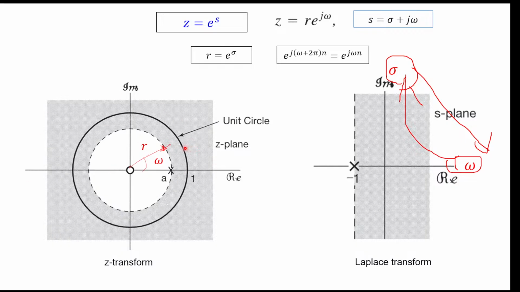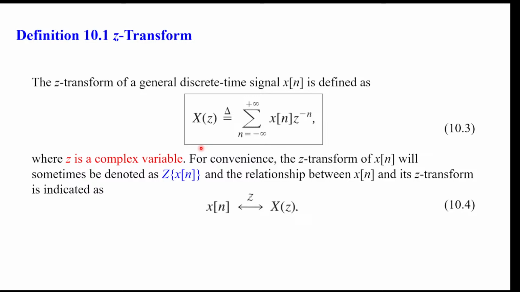Then we go to the details of the derivation of some properties of this transform. As we said, we motivate by this chapter 3 eigenvalue equation the z transform, and now we just define the z transform as big X of z equal to the summation of small x of n times small z to the minus n.